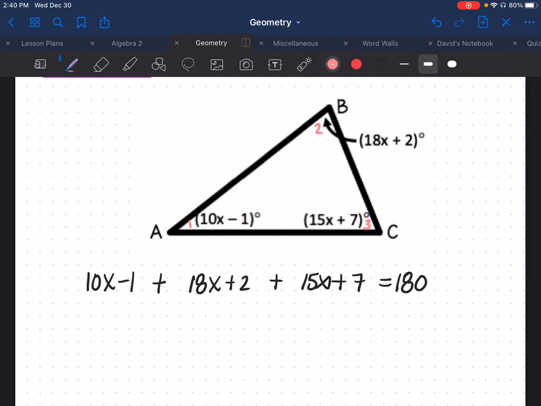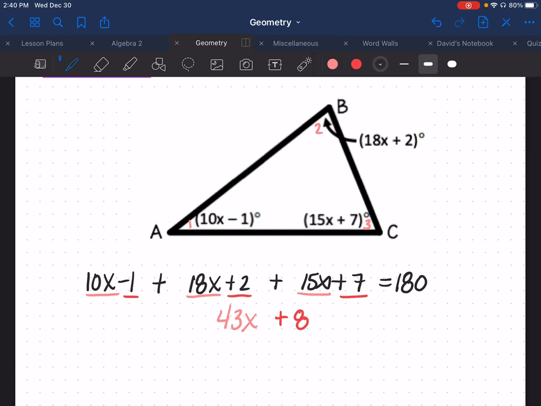Now I'm just going to solve like I would any math equation by combining like terms. Let's add all the x's: 10x plus 18x plus 15x gives me 43x. Let's combine all our constants: negative 1 plus 2 plus 7 gives me positive 8.